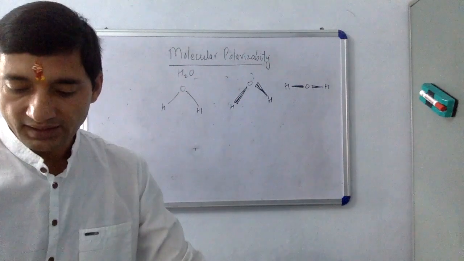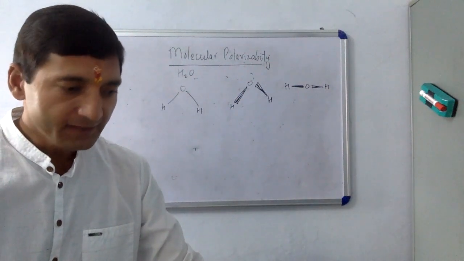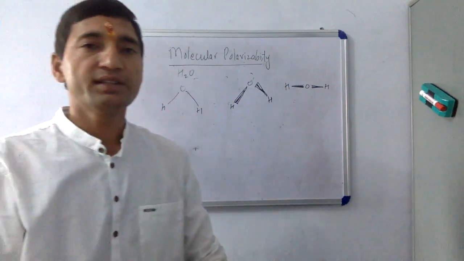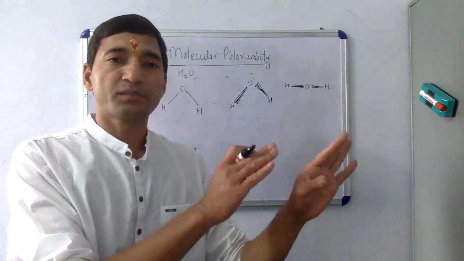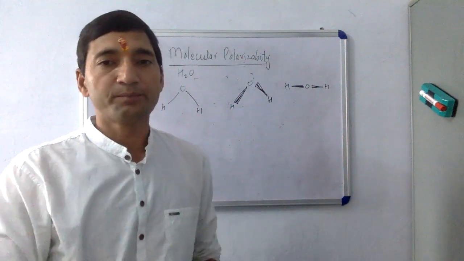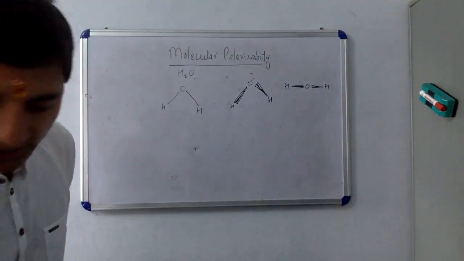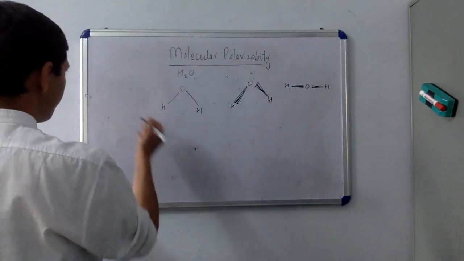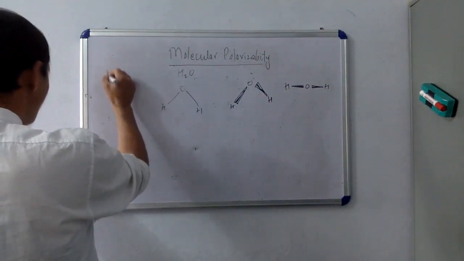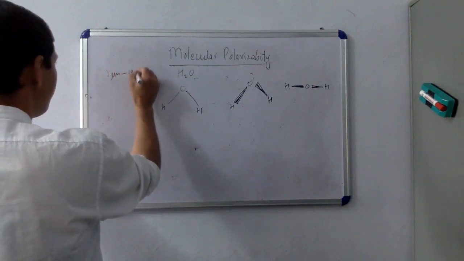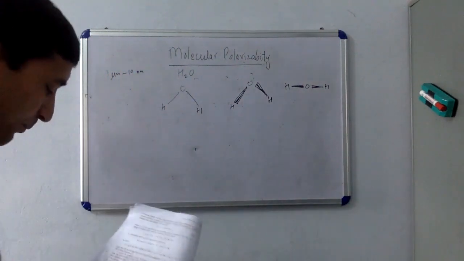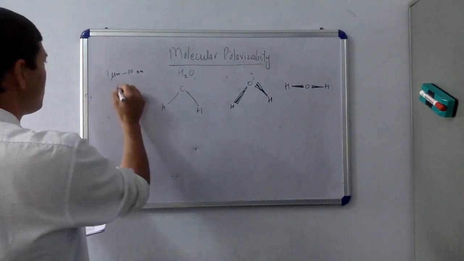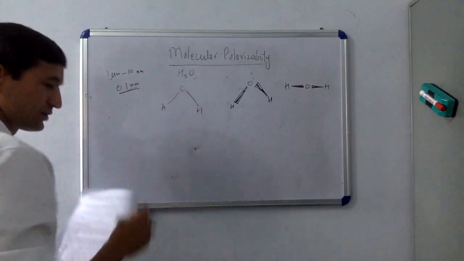The reason is that if I am applying a field, like visible or ultraviolet, the wavelength is 1 micrometer to 10 nanometer. However, the dimension of the bond is 0.1 nanometer, 1 angstrom.